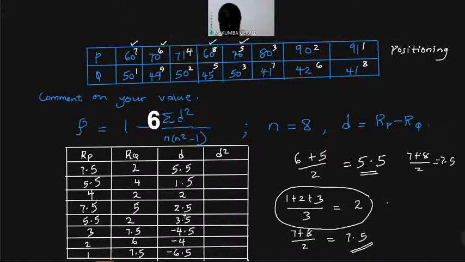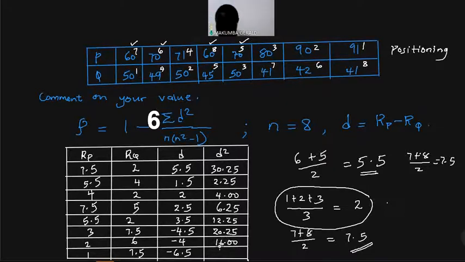To square the values of D, keep with me. Press your calculator. 5.5 squared, when I press the calculator, I get 30.25. Squaring 1.5, we get 2.25. Square 4, you get 16.00.